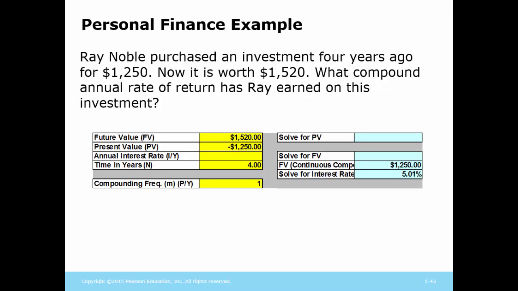What's the annual rate of return that we've earned on this investment? $15.20 is positive. Negative $12.50 is the present value. Why is it negative? Because we invested that amount, and now it's worth $15.20. It took 4 years, so the interest rate was 5.01% on average per year.